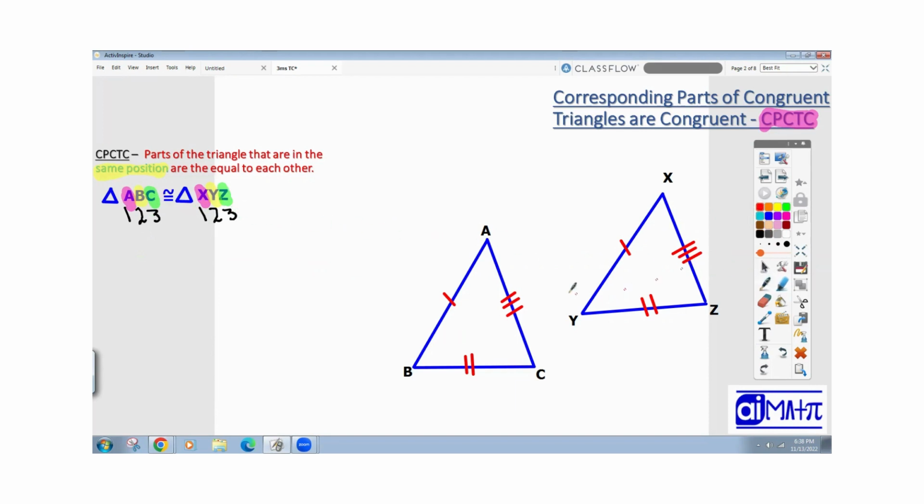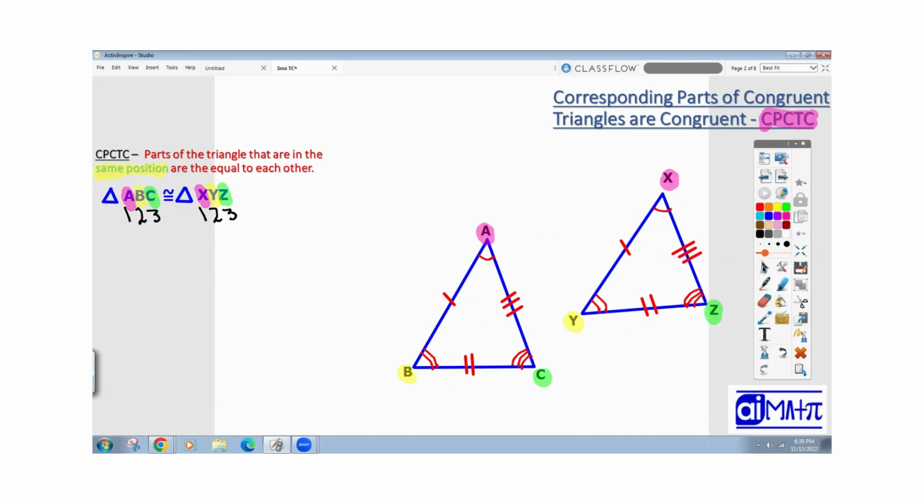And when I look at these, we'll put one ring here and one ring here, 2 rings here to match with these 2 rings, and these 3 rings will match up with these 3 rings. And that's just telling me that angle Z is the same as angle C. Angle Y and angle B are considered the same. And angle A and angle X are also the same.